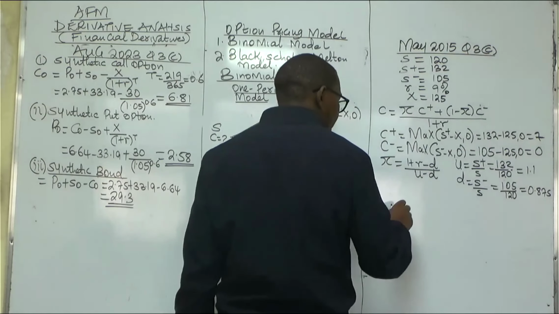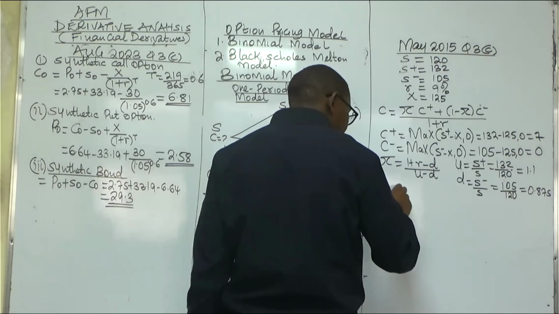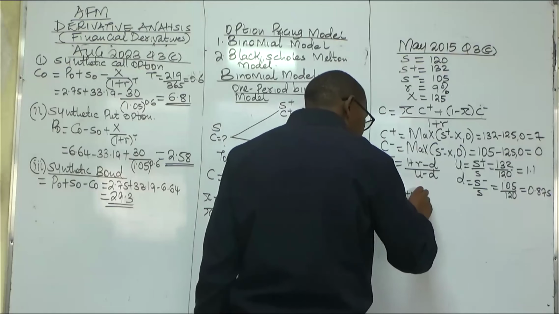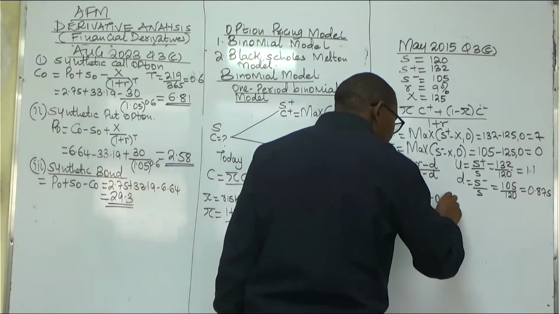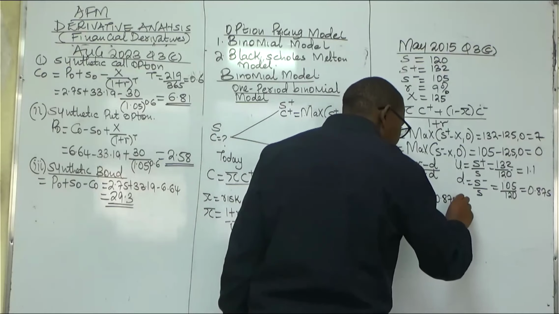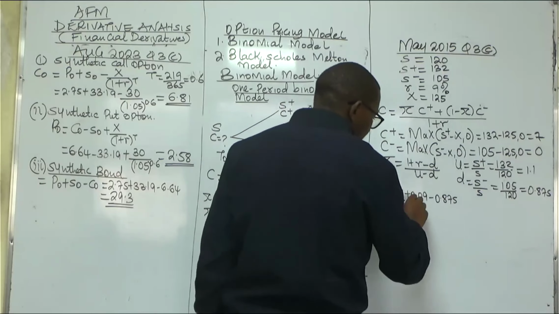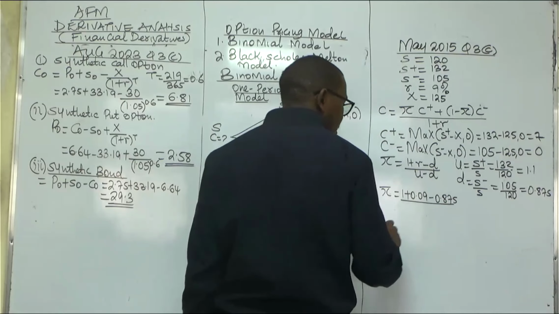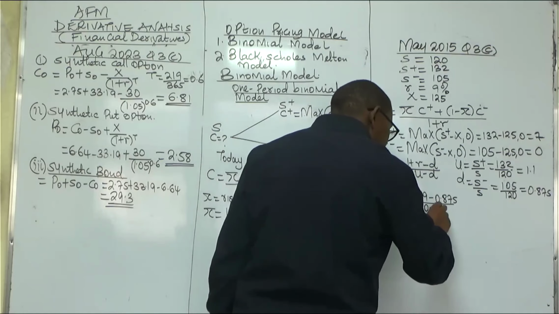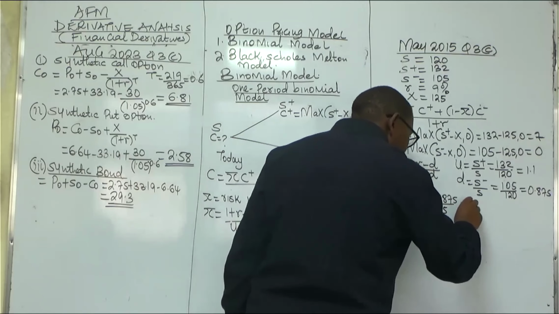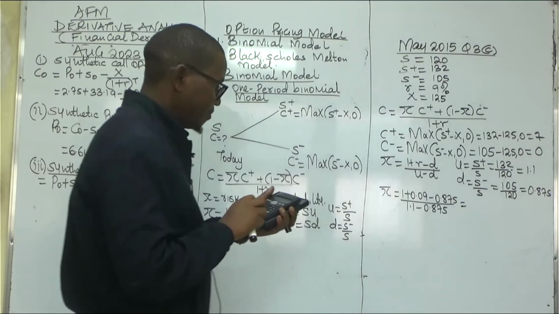So our risk neutral probability will be 1 plus 0.09 minus 0.875, divided by U minus D, which is 1.1 minus 0.875.